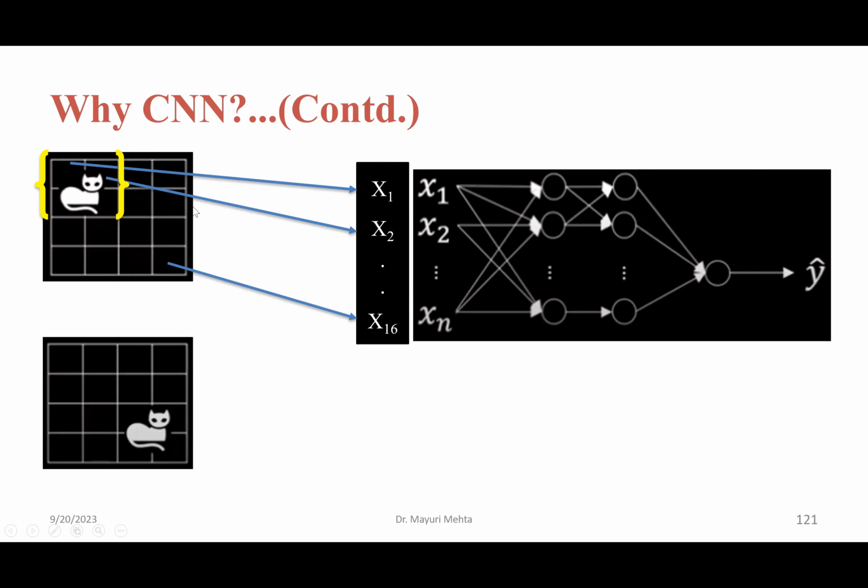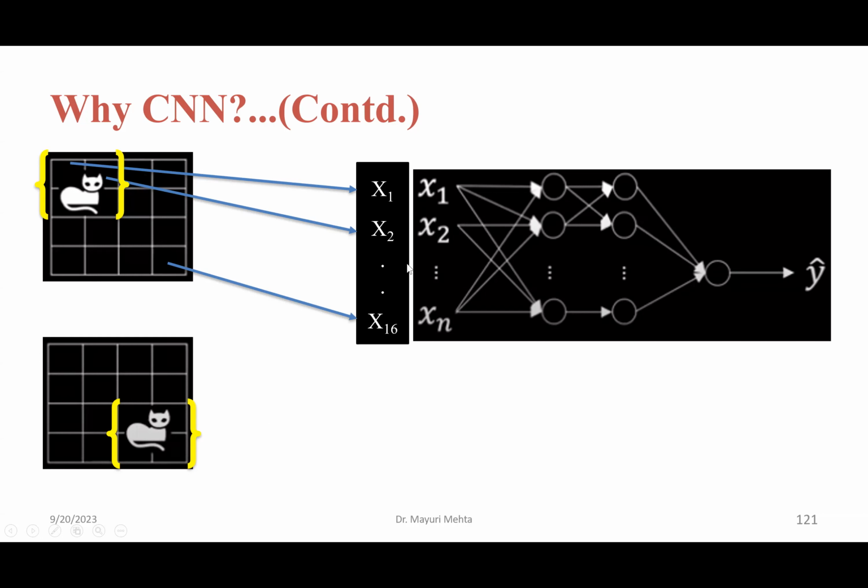Now, after training your traditional neural network with such kind of images, if you feed an image like this below, where the cat is located in the bottom right corner, your trained neural network may not identify this image as the image of a cat, because it has also learned the location.